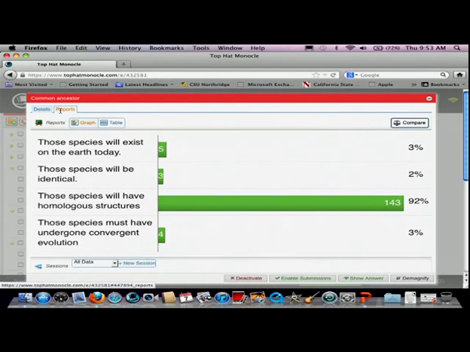If you're within a species, you're still not identical unless you're an identical twin, right? An evil twin. And convergent evolution we haven't even talked about yet. So who put that? Okay, we're going to talk about that soon. So hold on to your undies.